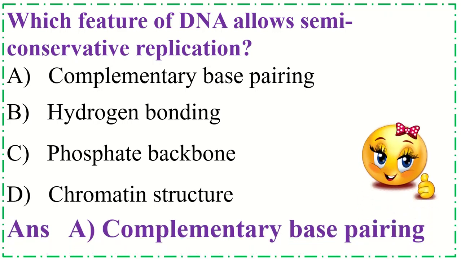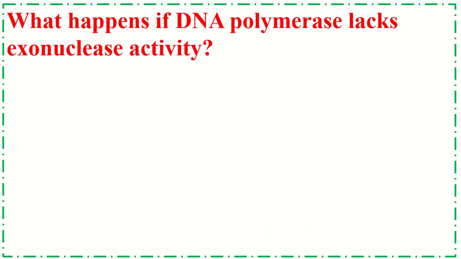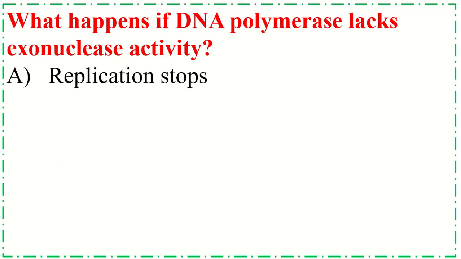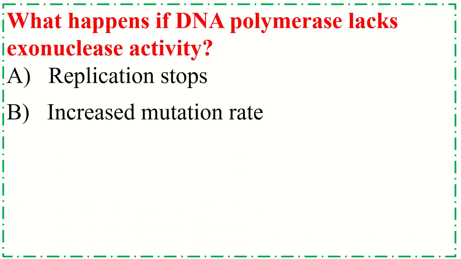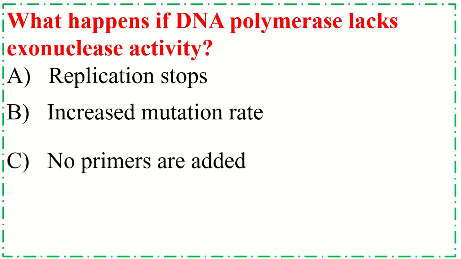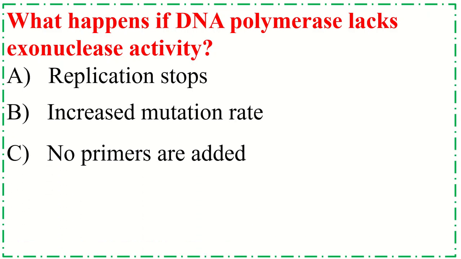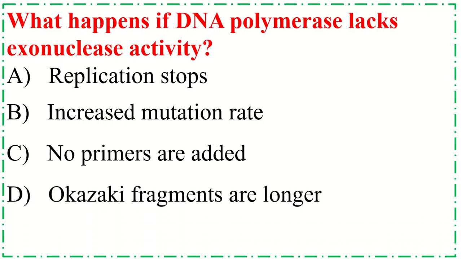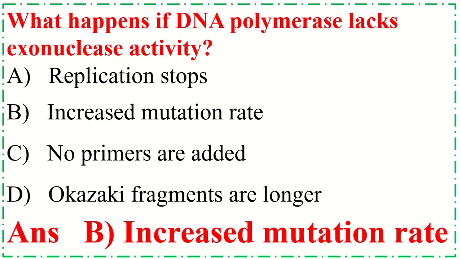Correct option is A, complementary base pairing. What happens if DNA polymerase lacks exonuclease activity? Option A, replication stops. B, increase mutation rate. C, no primers are added. D, Okazaki fragments are longer. Correct option is B, increase mutation rate.